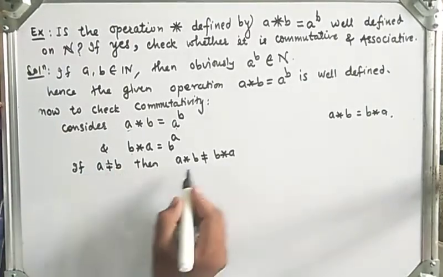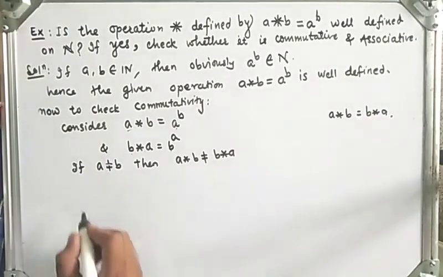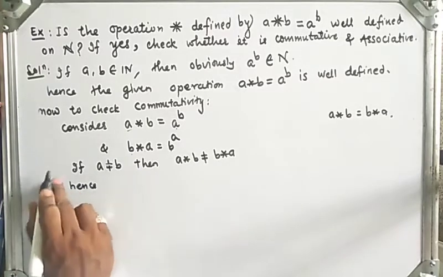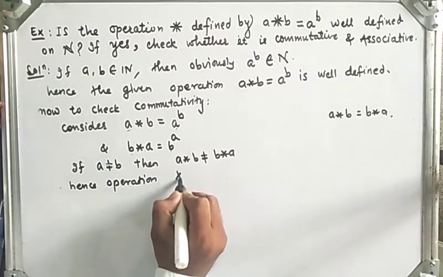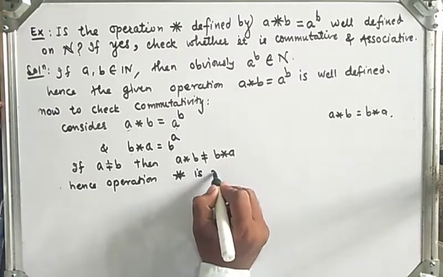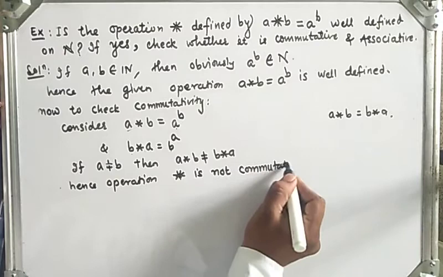So here we get a star b is not equal to b star a. Therefore, hence the operation star is not commutative, right?